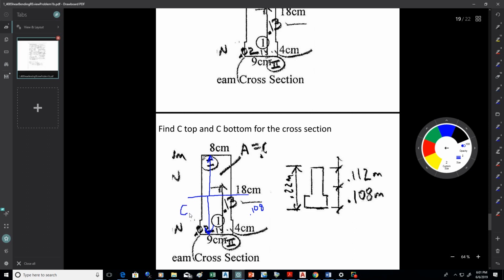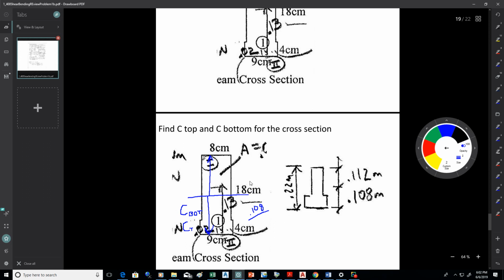That's how far it is from the neutral axis to the bottom of the beam. The further you are from the neutral axis, the greater the stress. So we want to find the maximum stress, and this will be the tensile stress on the bottom. We would use this 0.108 distance to the bottom of the beam.